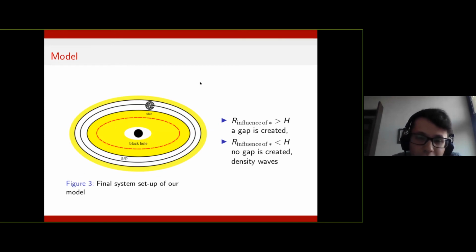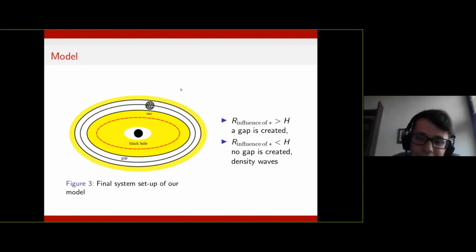So if the sphere of influence of the star is bigger than the accretion disk scale height, there is a gap created, which is filled by the star itself.